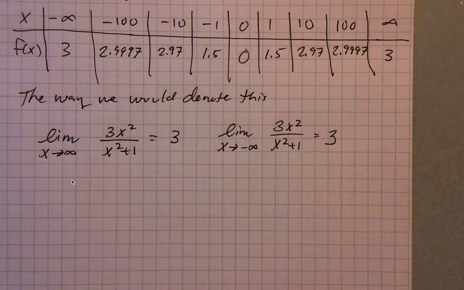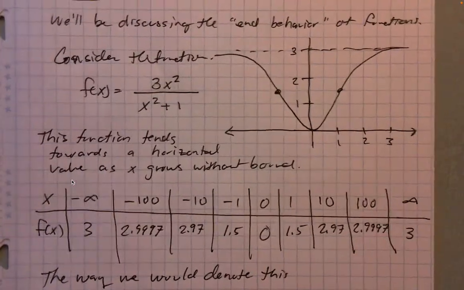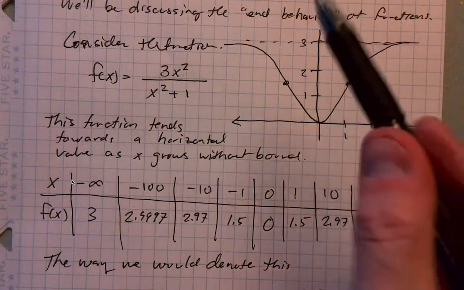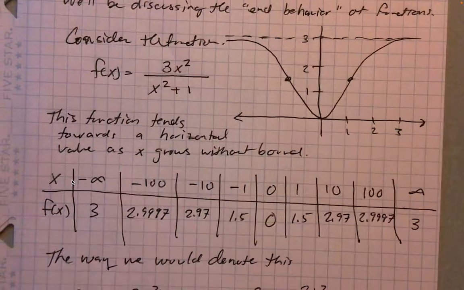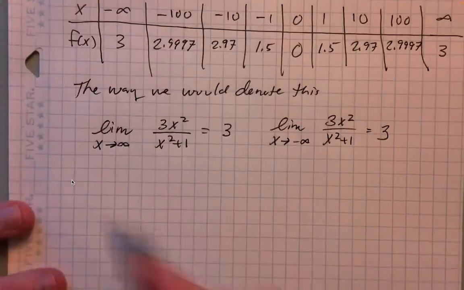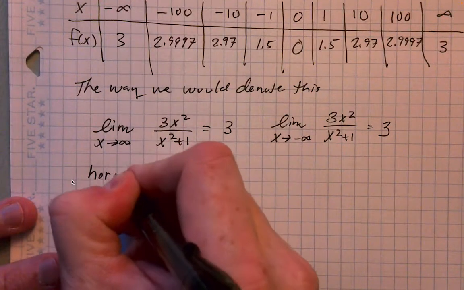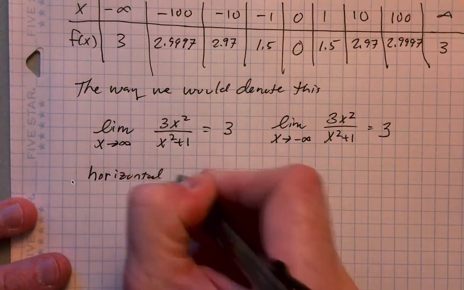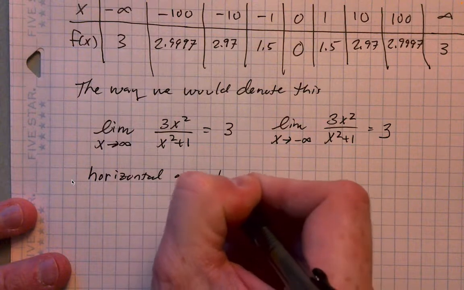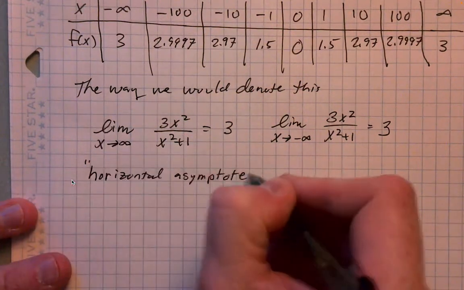Okay, so this is kind of a motivating example, and this value of 3 in this function would be what we would call a horizontal asymptote. So we've certainly seen vertical asymptotes.